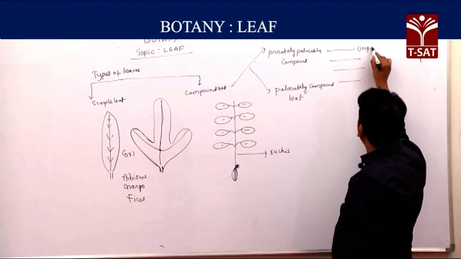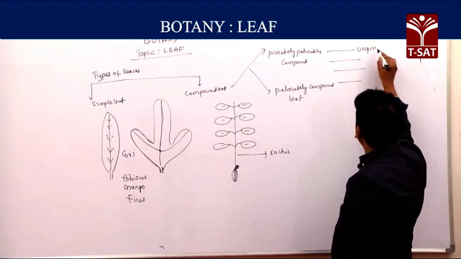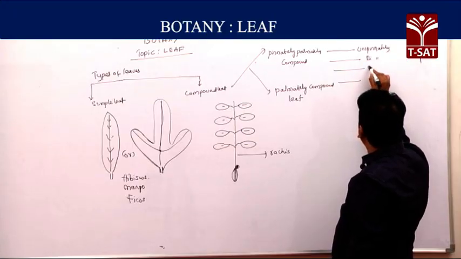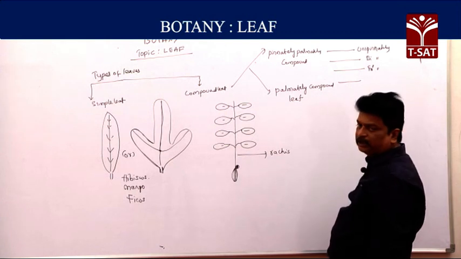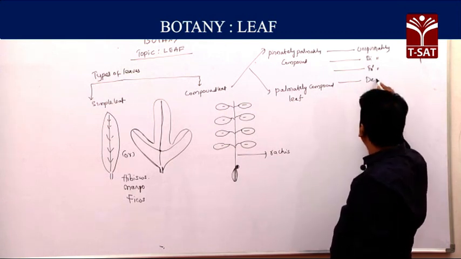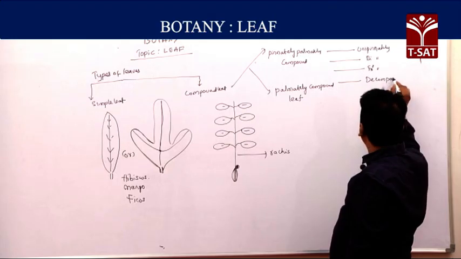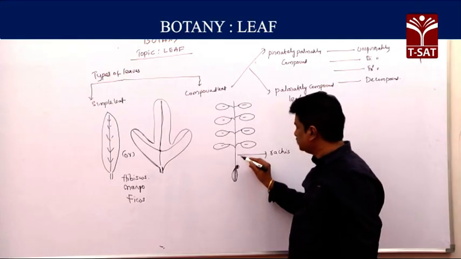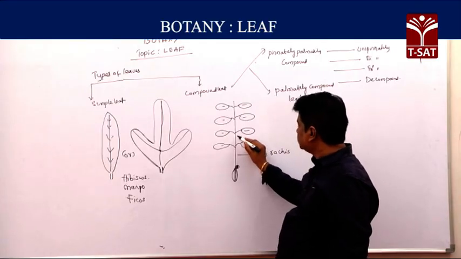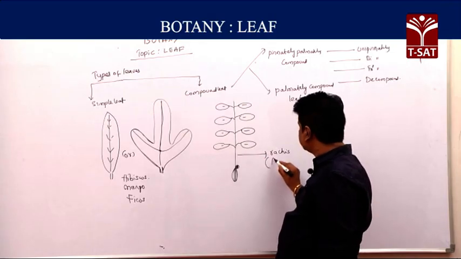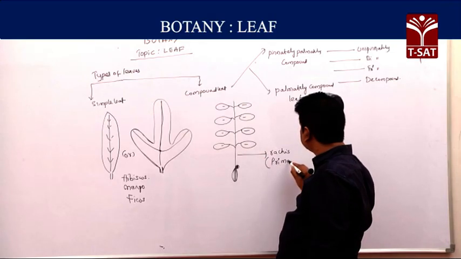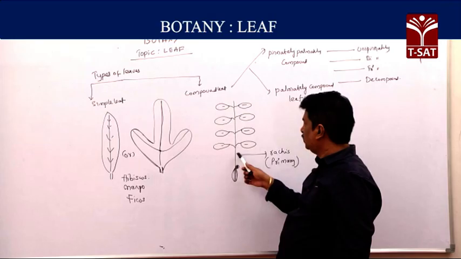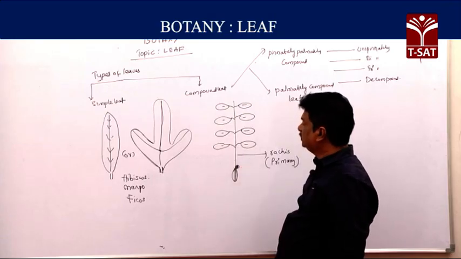One is unipinnately compound, second is bipinnately compound, third is tripinnately compound, and fourth is decompound. Unipinnately compound means leaflets are present on an undivided rachis.